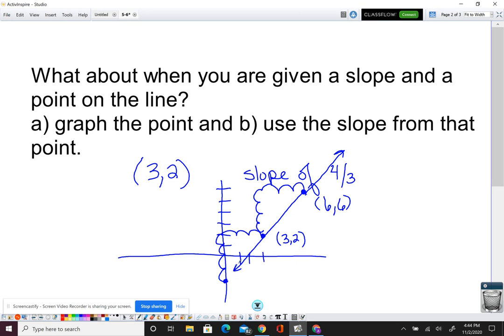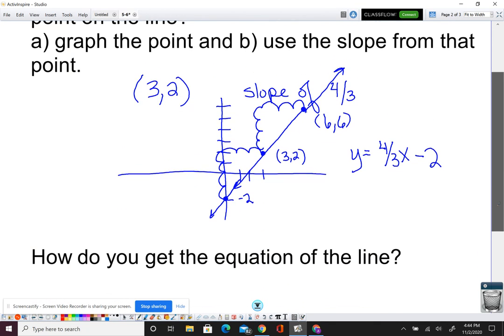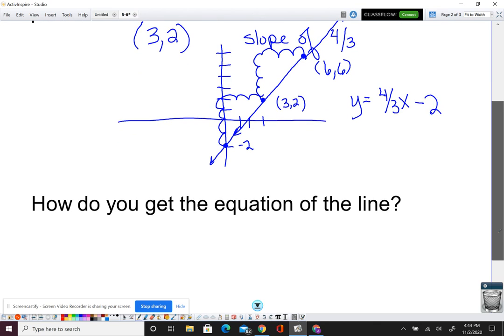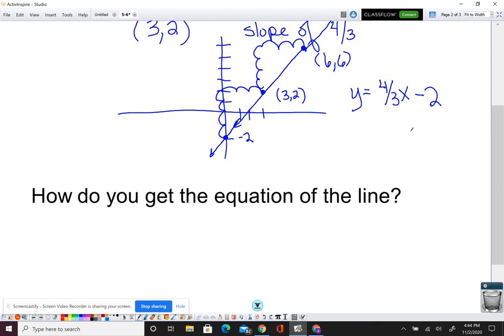By doing that, we can see that the line is going to extend out and cross the y-axis at negative 2. Now that we know that for certain, we can create our equation: y equals 4/3 x minus 2. We put the slope in there and the y-intercept in there, and that's how we get the equation of the line. We continue it out to find what the y-intercept would be.